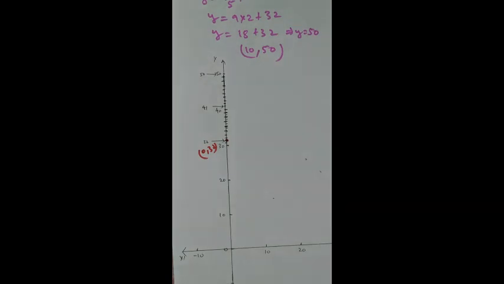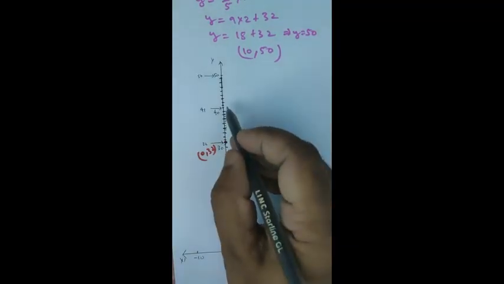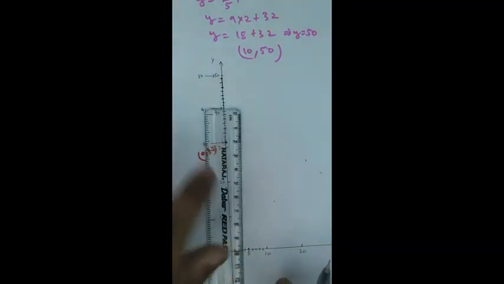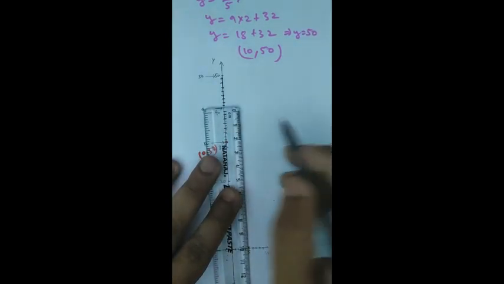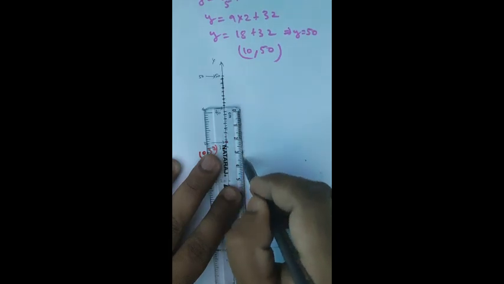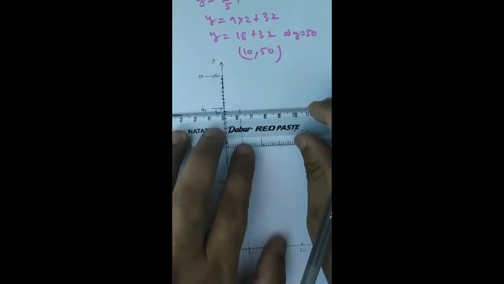Second one is 5, 41. Similarly, we will take the help of a ruler for this. So x equals 5, y equals 41. With the help of a ruler I am drawing the line.